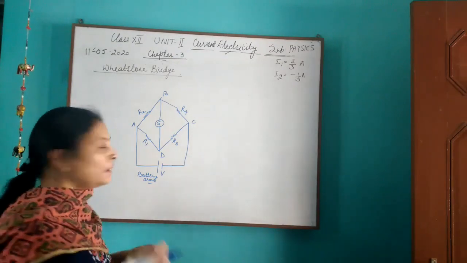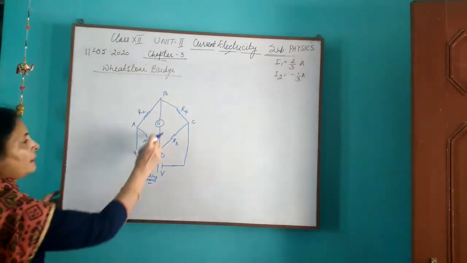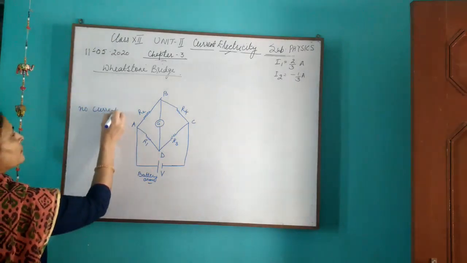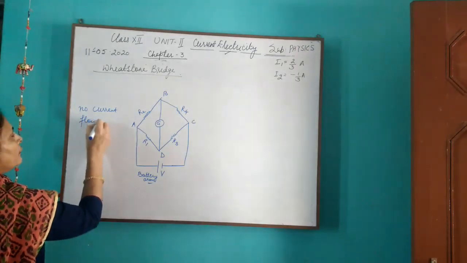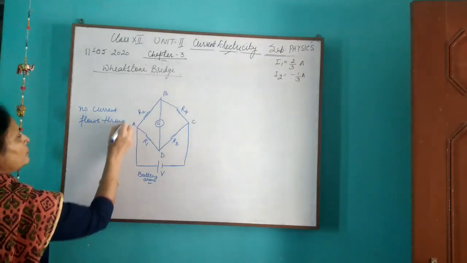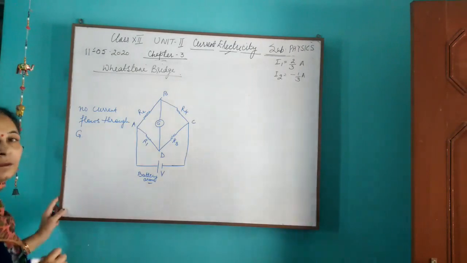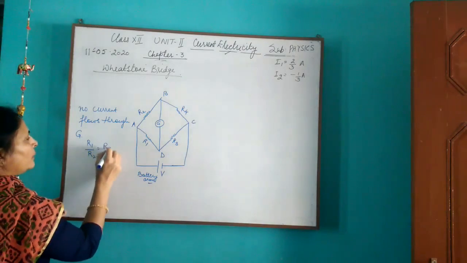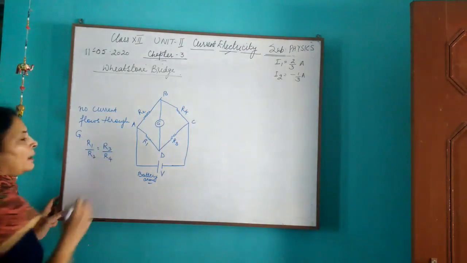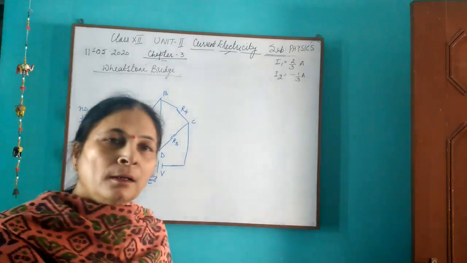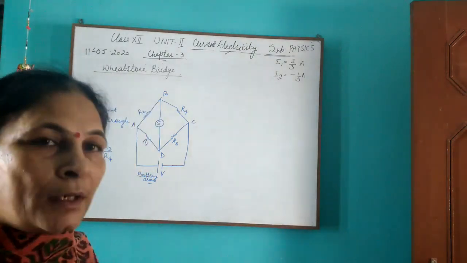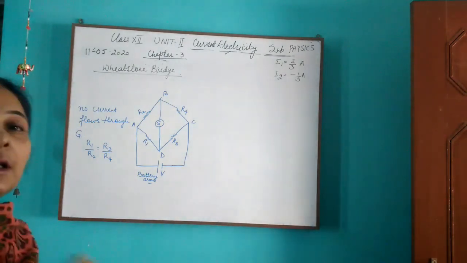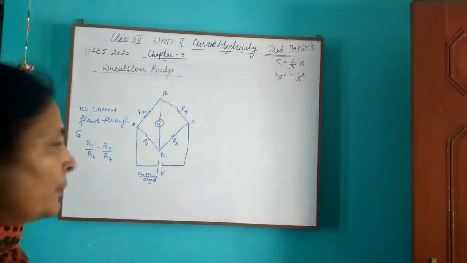The condition is that when no current flows through the galvanometer, then R1 upon R2 will be equal to R3 upon R4. First we'll derive it; later on this condition can be directly used in solving problems.